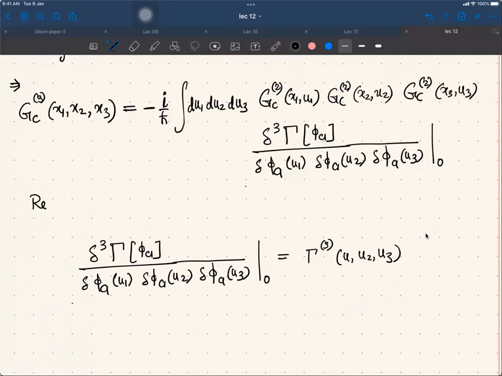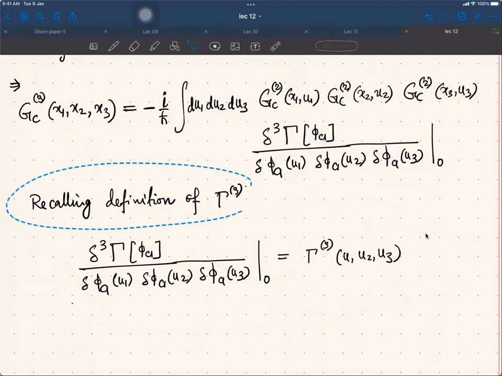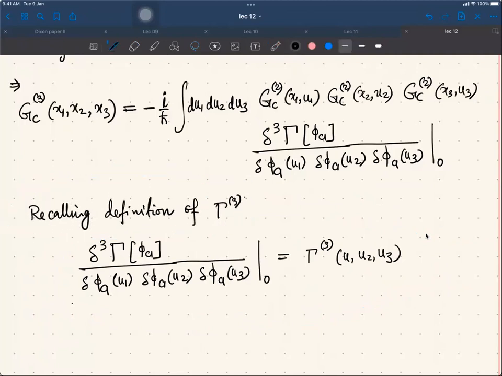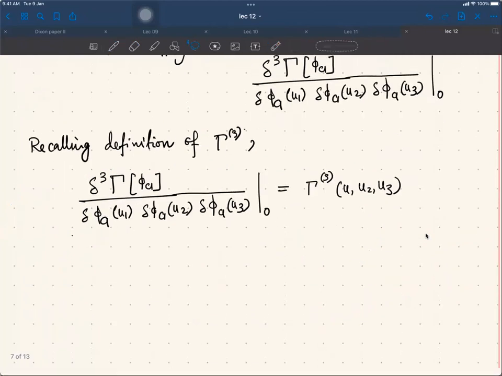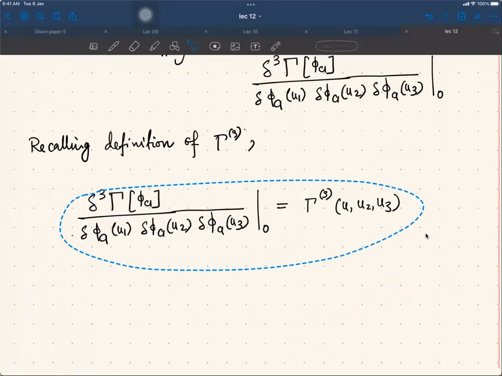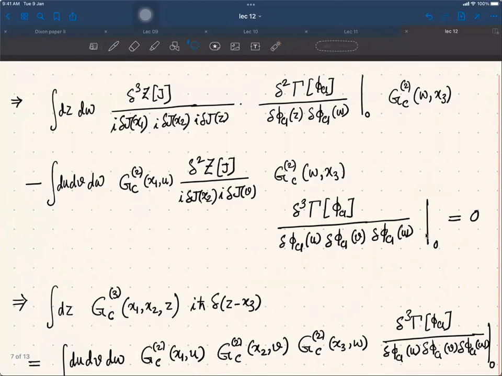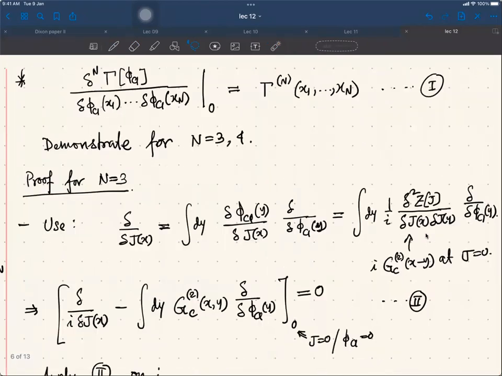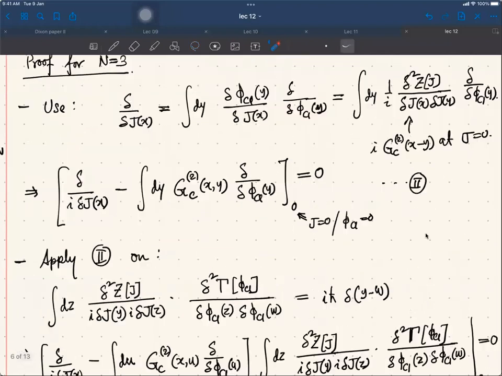So recalling the definition of gamma 3 discussed previously, we conclude that this is the result. Okay. So that is equation 1 for n equal to 3. Okay.